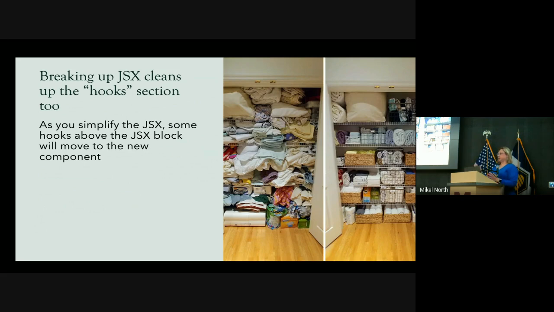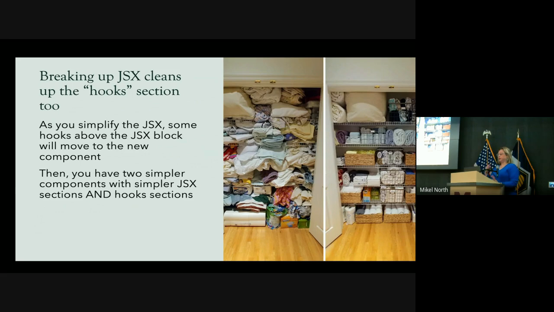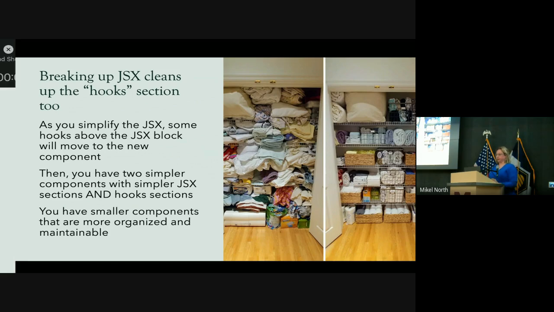And if you have data in more than one, you can create the context or something, but it will still simplify it. And then you've got 2 simple components with simple JSX sections and simple hook sections. You have smaller components that are more organized and more maintainable. You've cleaned up the mess.